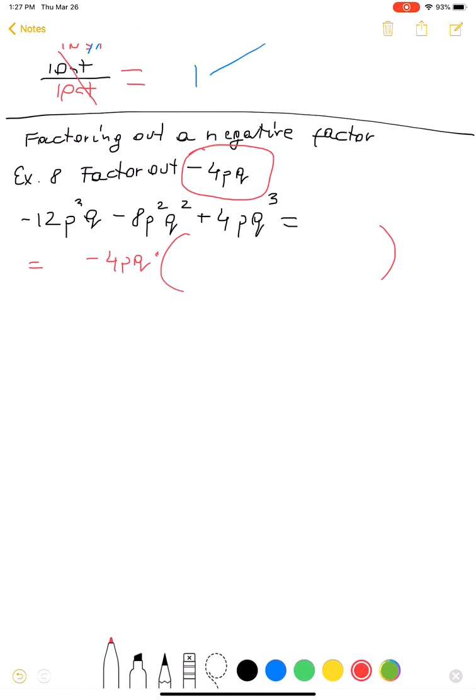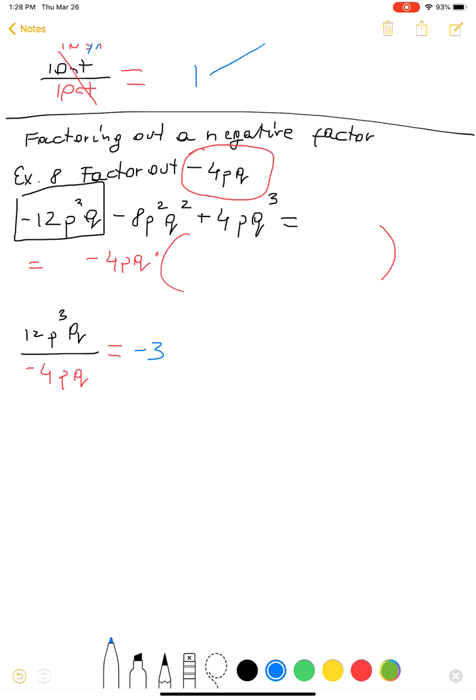The same scenario, you take your original expression, the first original expression, which is negative 12P to the 3rd power Q, and divide that by the GCF, which is negative 4PQ. Continue with the division. 12 divided by negative 4 will give you negative 3.